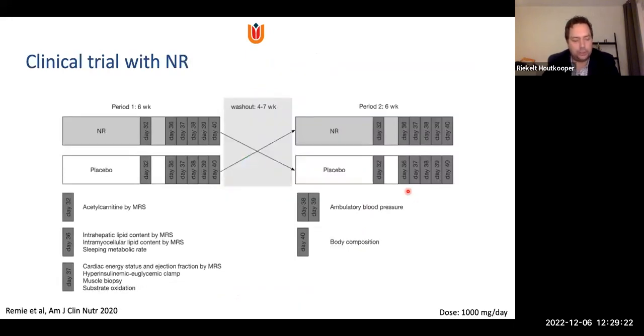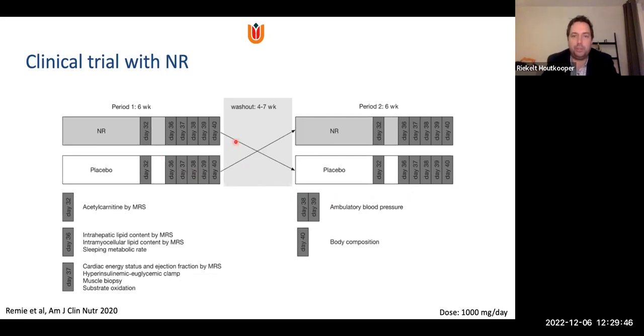But how about humans? There are several studies that have been published. This is a study that we've been involved in where nicotinamide riboside was given to relatively healthy individuals, but they were sort of pre-diabetic. And nicotinamide riboside was given for a period of 6 weeks.